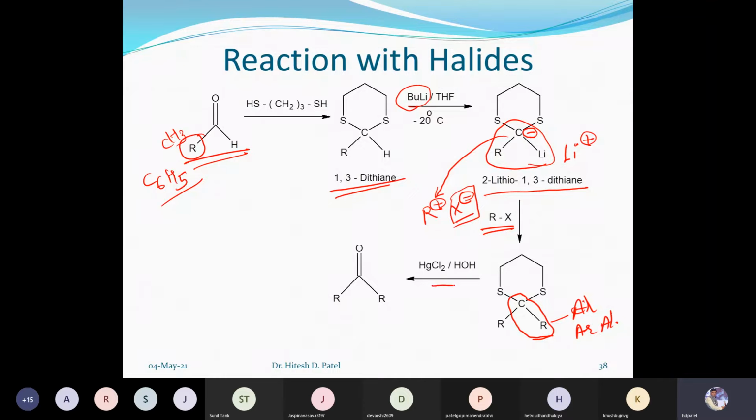Then, by simple treatment with HgCl2 plus water, we get again C double bond O. So we had an aldehyde and now we have a ketone.